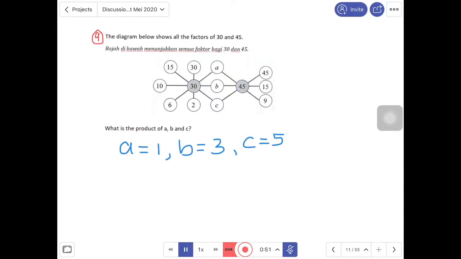The arrangement is not important, but the important thing is what is the product of A, B, and C. It means you multiply, so A times B times C. You multiply all these values. So 1 times 3 times 5 equals to 15.